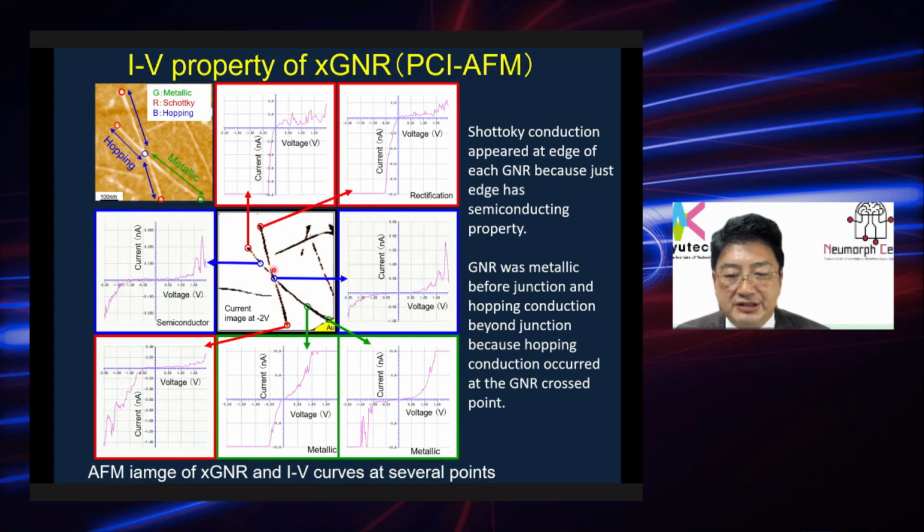And we could also observe that only the edge of the GNR shows the Schottky conduction, which means that only the edge shows the semiconductor property, because the AFM tip is made of platinum. So with the metal-semiconductor connection, the Schottky conduction appeared.